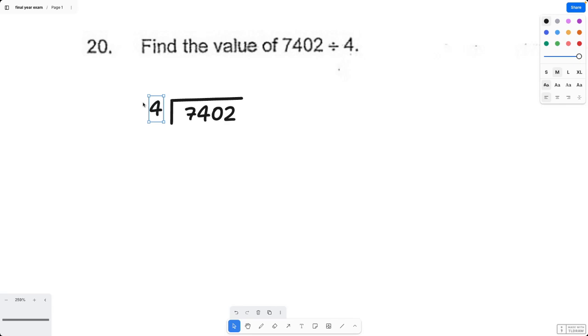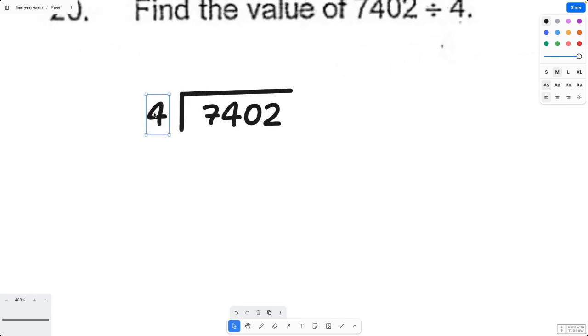So 7402, we can just minus 4, because 7 can minus 4. So we just minus 4, and this will give us 3 over here. 3 cannot be minus 4, so we can have 34.